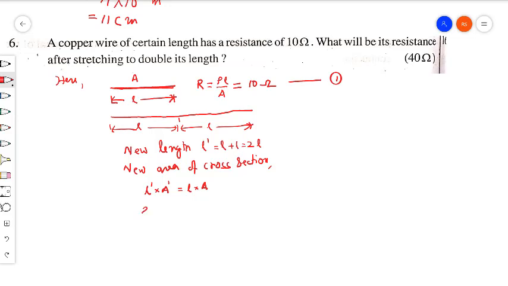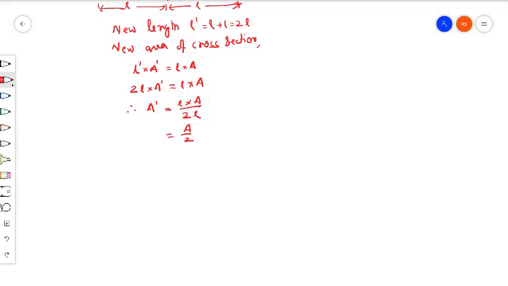Now the length is 2L, the area is A prime, so L into A. Therefore the new area of cross section is L into A divided by 2L, so this is A by 2. Now the area of cross section becomes half.